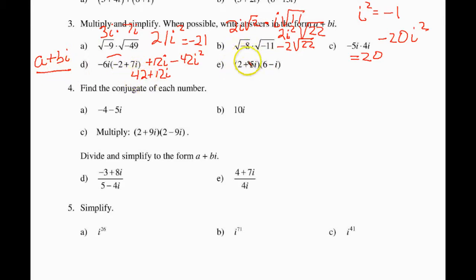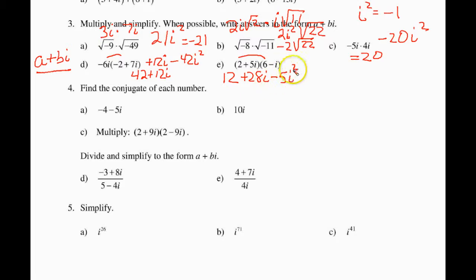Now, when we FOIL, and we'll do that little by little, this is going to be 12. Now, when I do my inners, I get a 30i minus 2i gives me a positive 28i. I'm doing this part mentally, my inners and outers. And then when I do my last, I get a negative 5i squared.